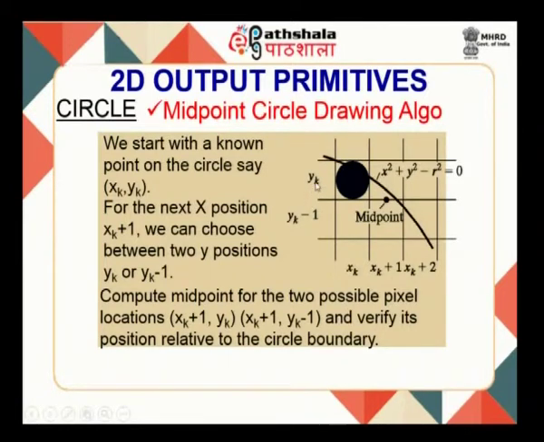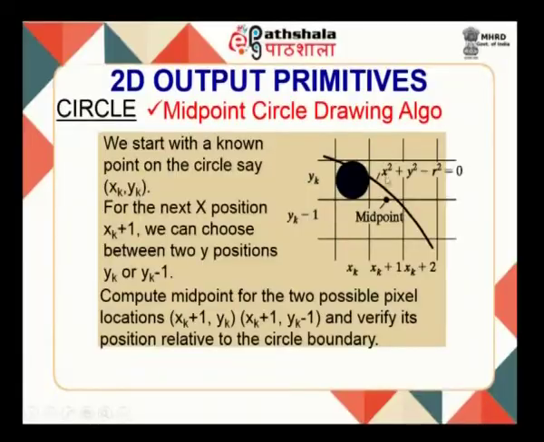We have to decide among yk and yk minus 1, because the circle is coming down in this octant. The circle has a negative slope and y values keep reducing while x values keep increasing in this particular octant. So, for the next x position, we have to pick either yk or yk minus 1.